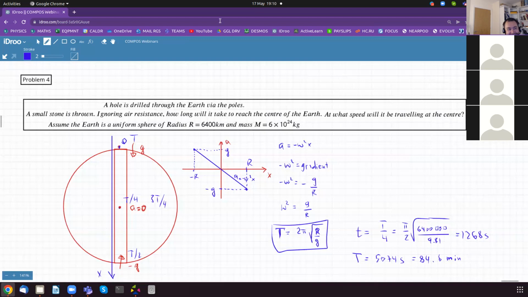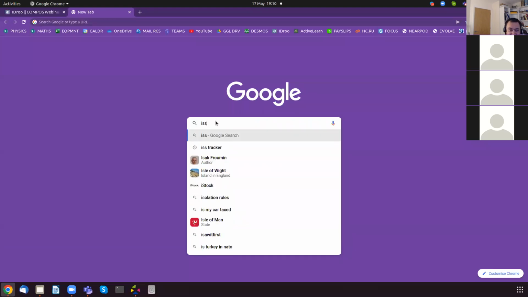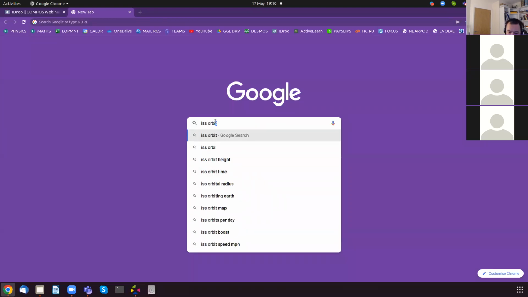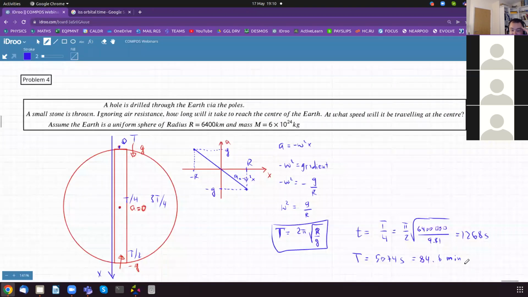And now the ISS orbital time. Hope you already know the ISS, International Space Station. It orbits the Earth in 90 to 93 minutes. Now, the reason why it's not 84 is because it's 400 kilometers above the ground.